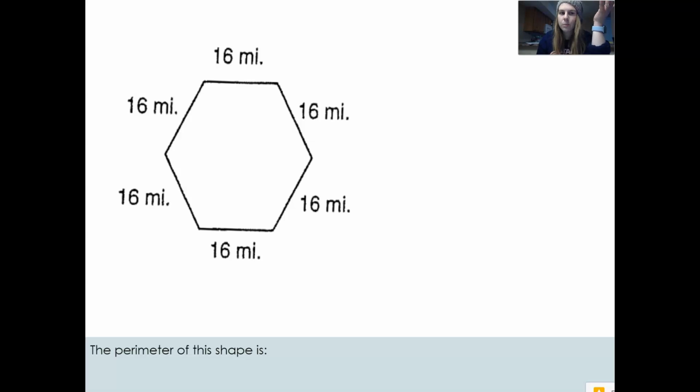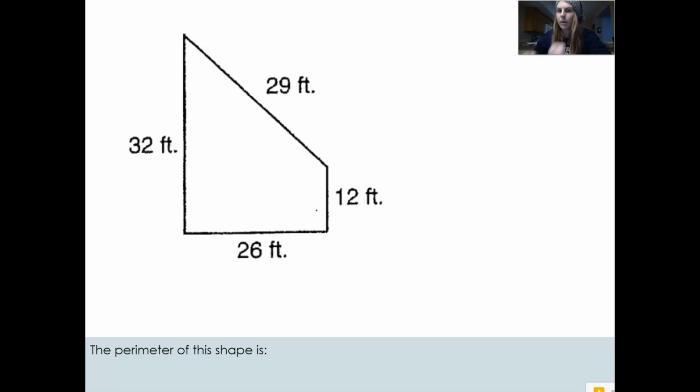We can even find the perimeter of irregular polygons like this one right here. The only rule to finding perimeter is that it has to be a closed shape, no open gaps. But once it's closed, no matter how many sides it is or no matter how odd it looks, we can find the perimeter of that shape.